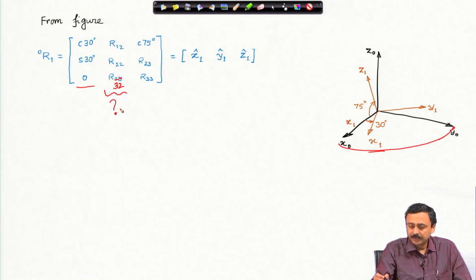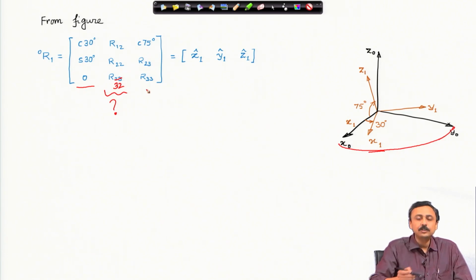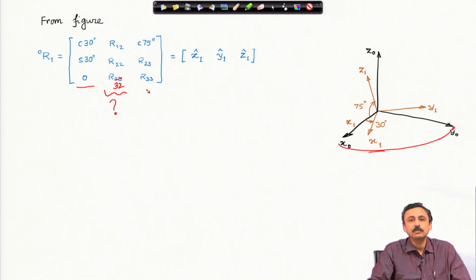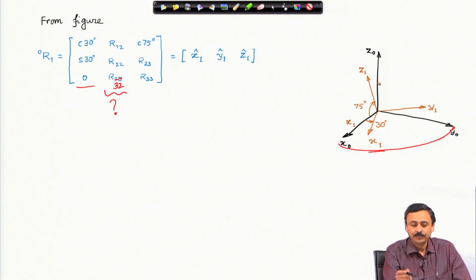Third column, it said that z1 is what is third column? Third column in this transformation matrix from 1 to 0, it is the representation of z1 in x 0 y 0 z 0. And what is the meaning of representation of z1 in x 0 y 0 z 0? It is the cosine of the angle between z1 and x 0, z1 and y 0, and z1 and z 0, they are the direction cosines.